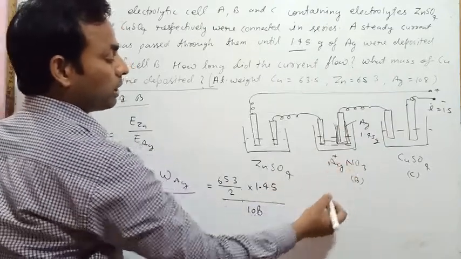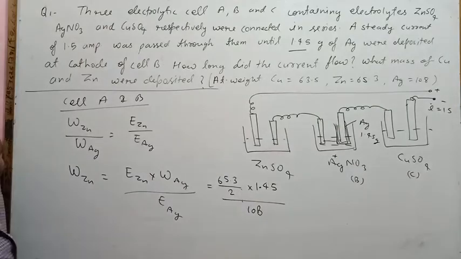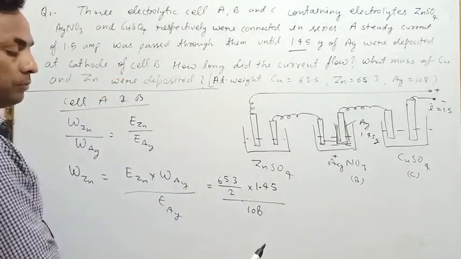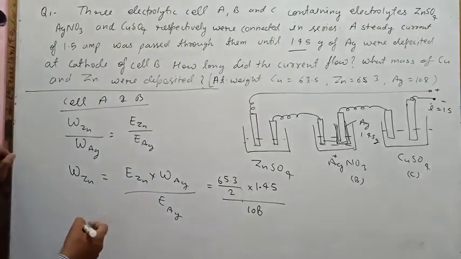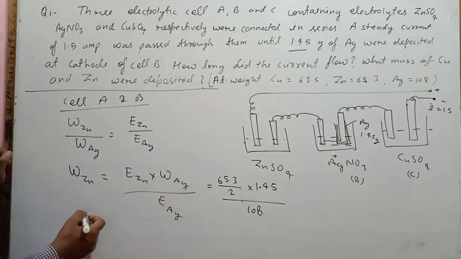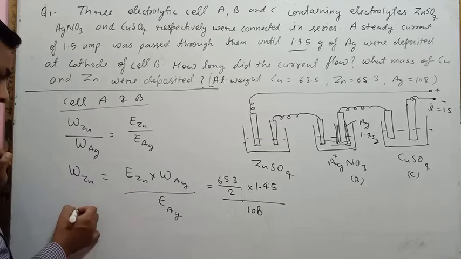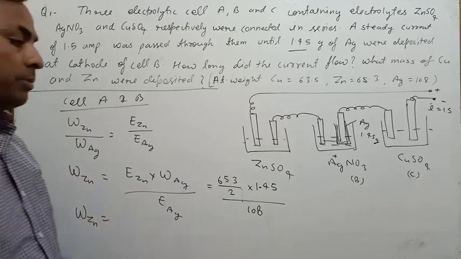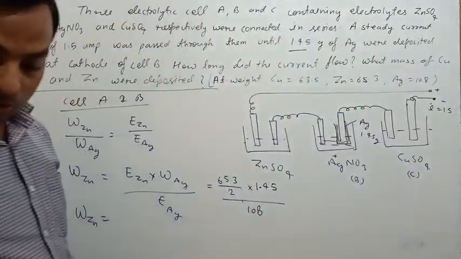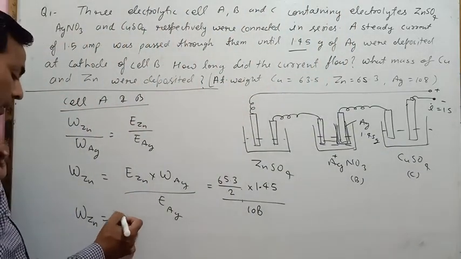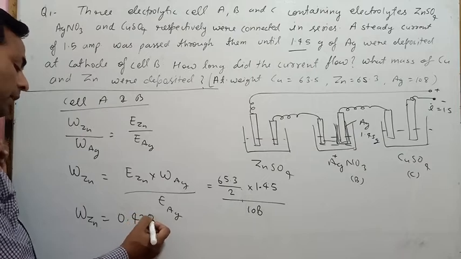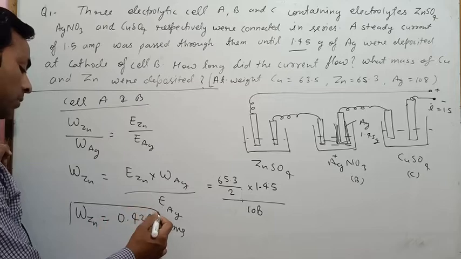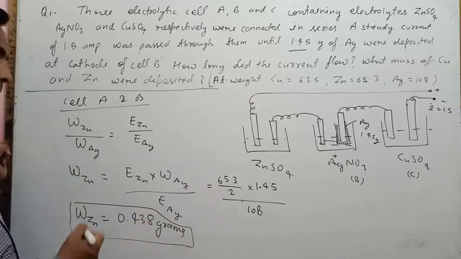Silver has one positive charge, so its valency is 1. So 108 upon 1. After dividing, the amount of zinc, W Zn, equals 0.438 gram. So this is the mass of zinc.